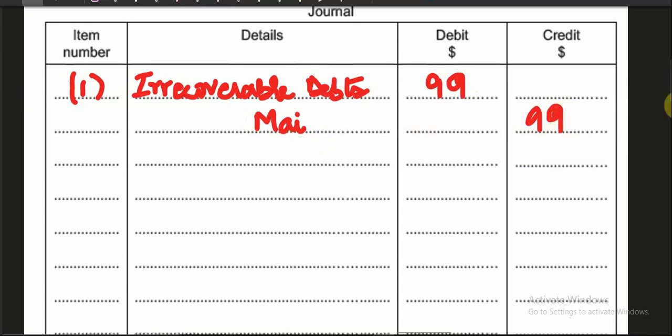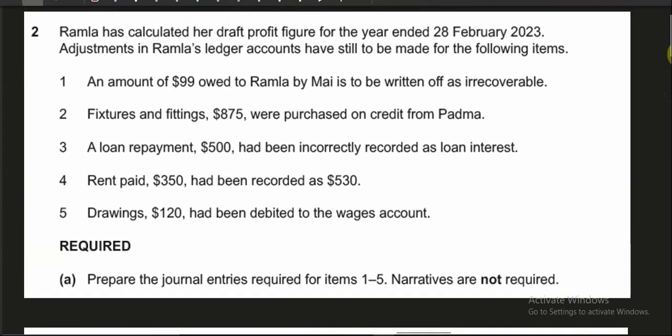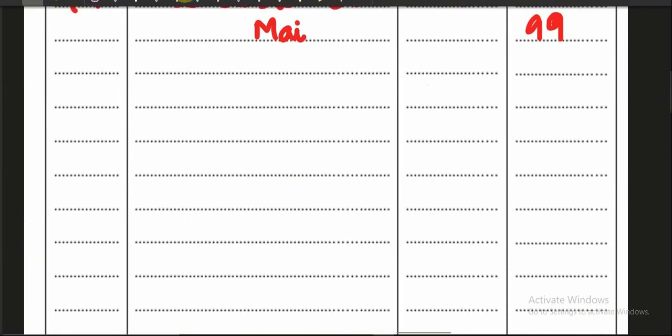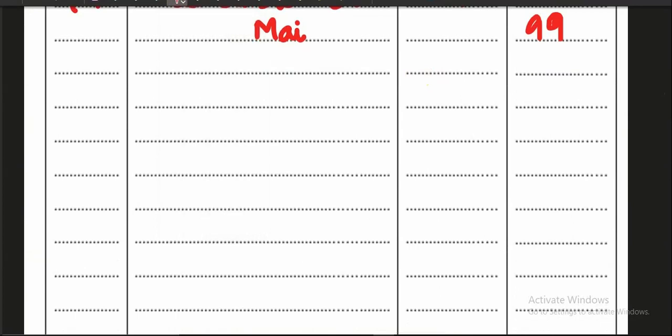Similarly, if we go to our entry number 2, it is fixtures and fittings of $875 purchased on credit from Padma. So over here we are buying fixtures and fittings, so we would write entry number 2.